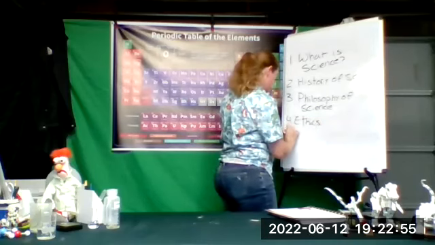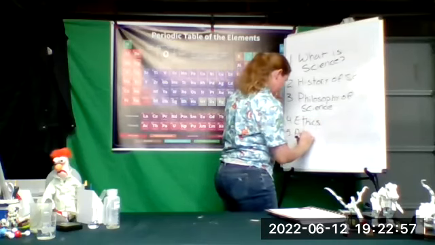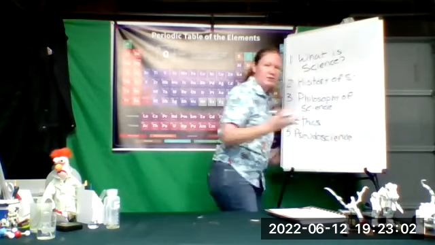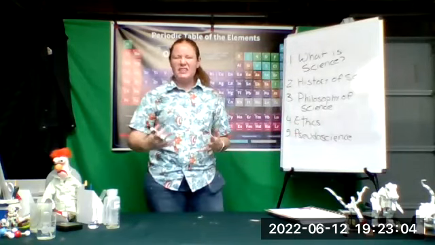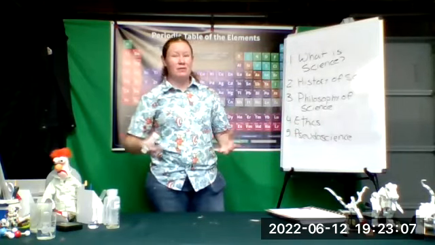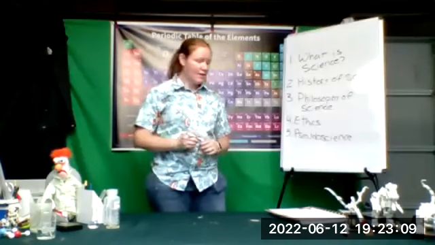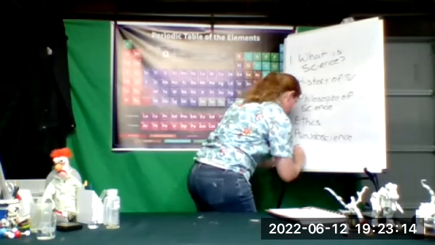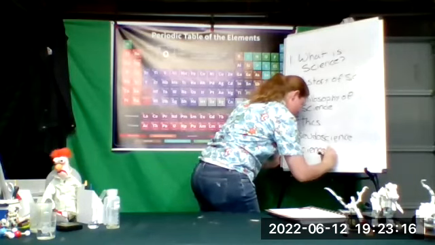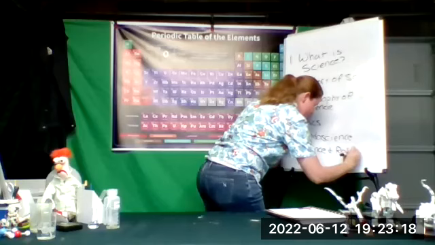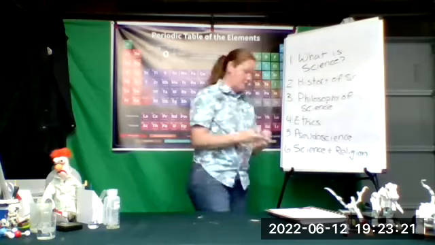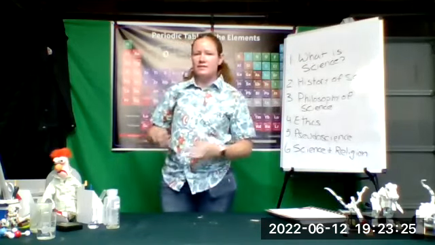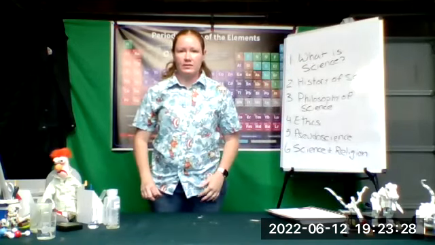Our fifth unit is pseudoscience. So in pseudoscience, we'll look at things that aren't really scientific. Some of them are very popular, such as astrology. And our last unit, we will look at science and religion. There's actually a very interesting cross-section between the development of science and religion over the years.